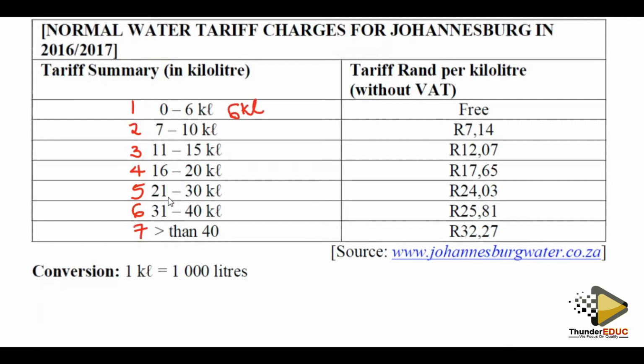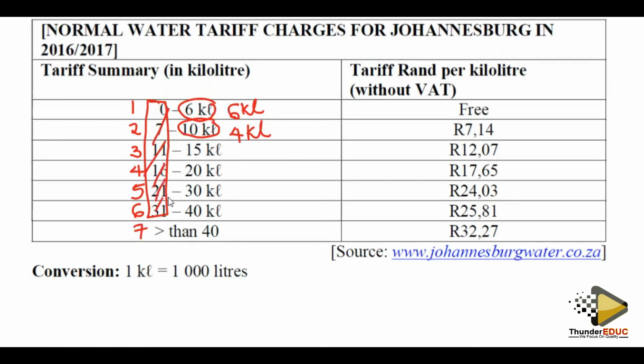Then bracket number 2 has a maximum of 4. The way I get these brackets is to subtract the number that you're looking at minus the previous one. You understand? 10 minus. Don't worry about this. Don't worry about these ones here.